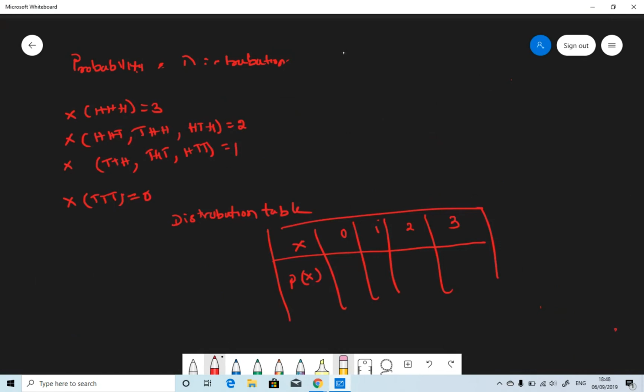So what is the probability of 0? The probability of that event happening is 1 by 8: tail, tail, tail. Probability of one tail is 1 by 2, and all three happening together is 1 by 8. Probability of 0. Clear?